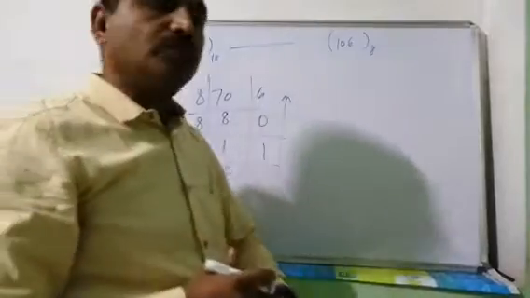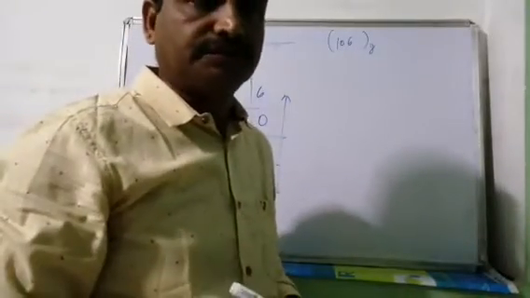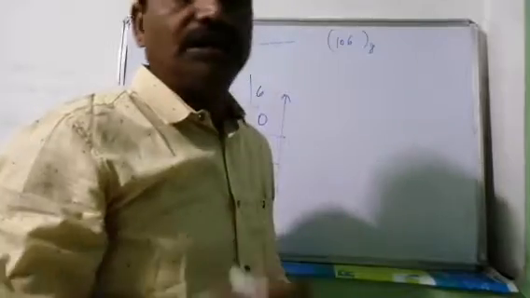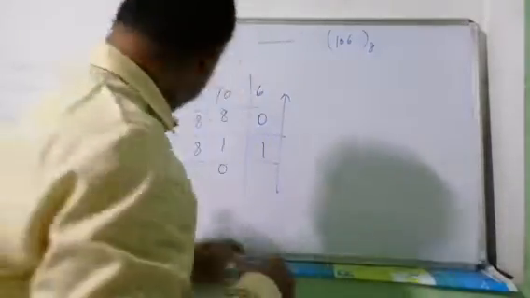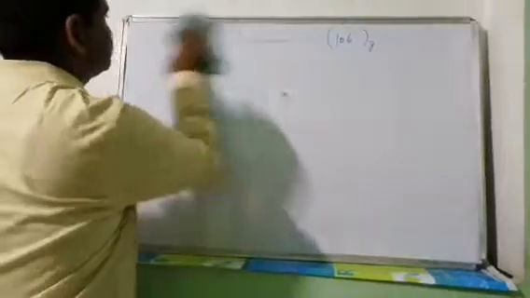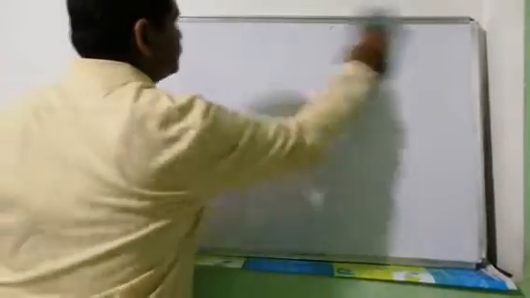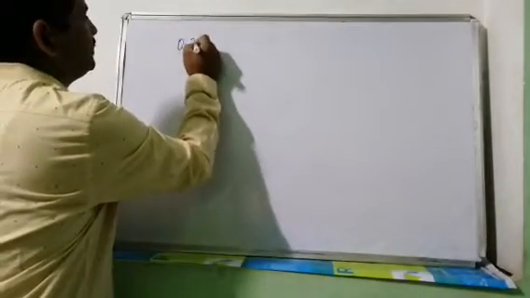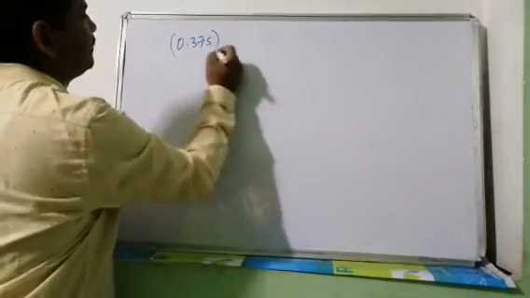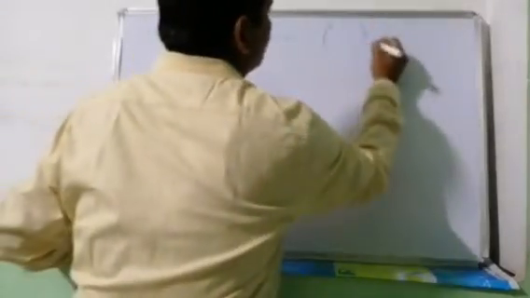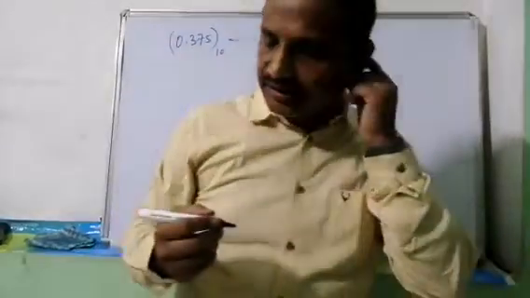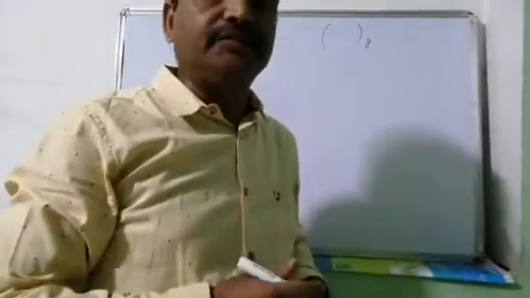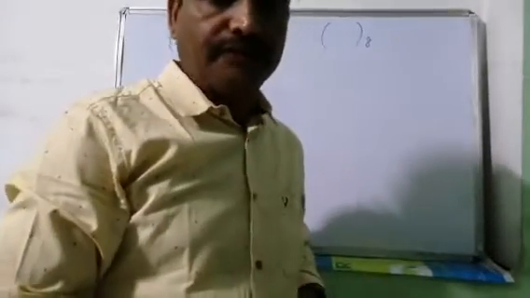Now we will learn how to convert the decimal fraction number to a octal number. So let us see. 0.375 decimal to octal number system. Just recall the previous conversion, whatever we have done with the decimal fraction to binary fraction.